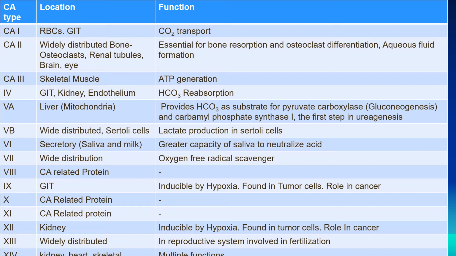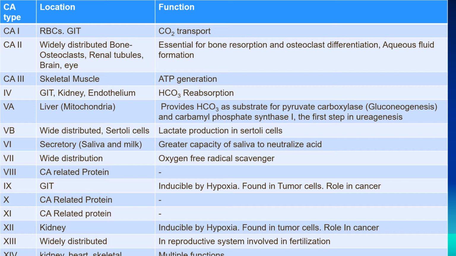Type 2 is widely distributed, common, and is also involved in bone osteoclast function. Now, type 3 is located in skeletal muscles where it is involved in ATP generation. Type 4 again is common, located in GIT, kidney endothelium, and its main function is bicarbonate reabsorption.